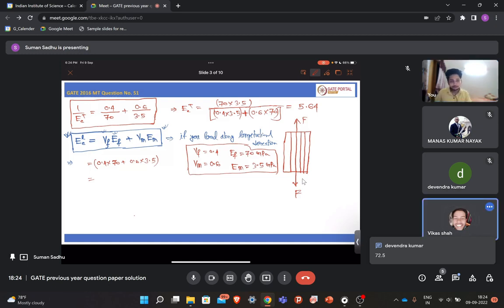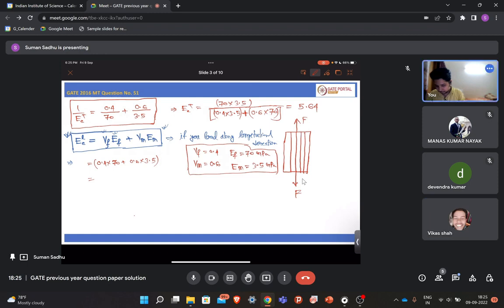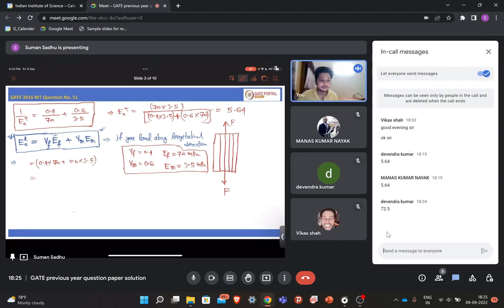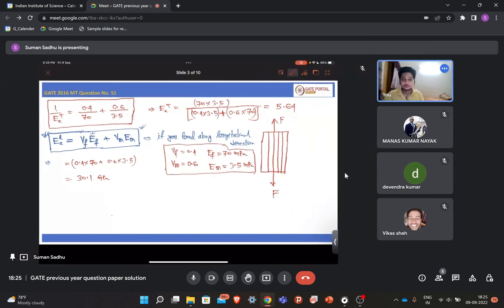Is it? Devendra, check your calculation once again. It should come 30.1. VF is 0.4, EF is 70, VM is 0.6, and EM is 3.5. So it will come 30.1 gigapascal.